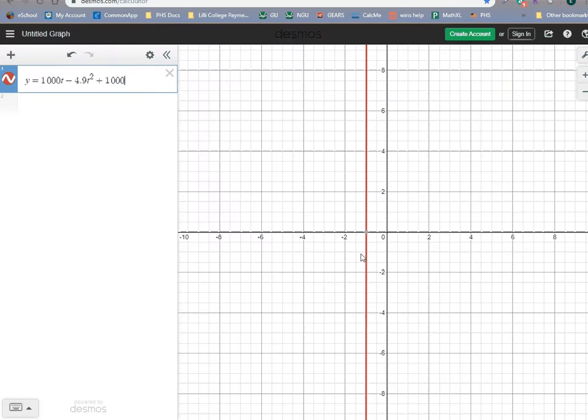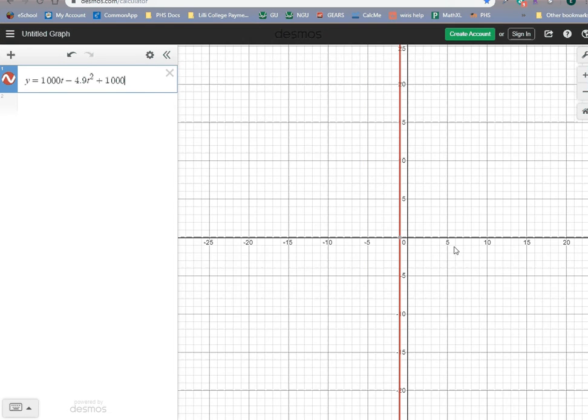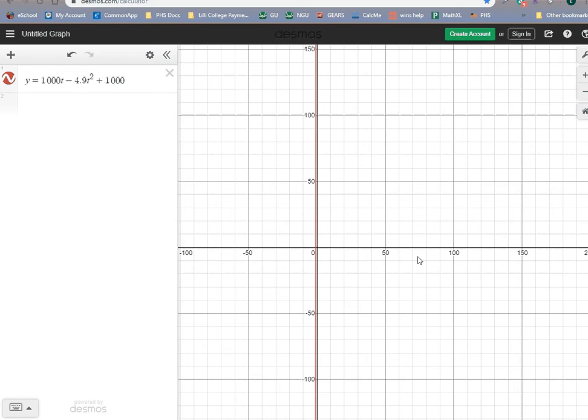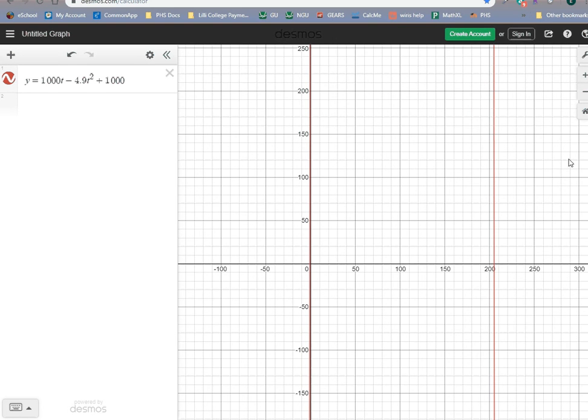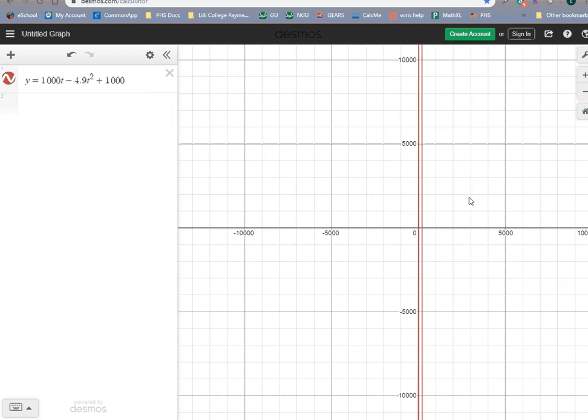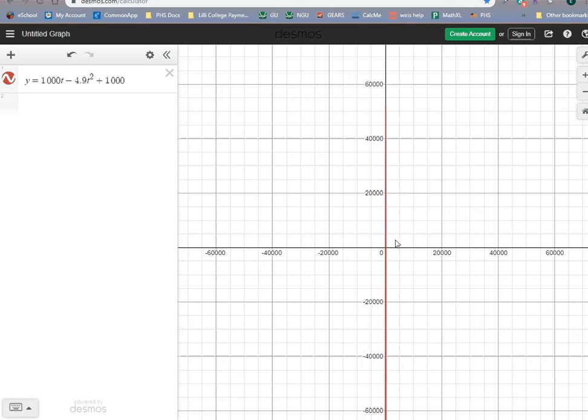And if we look for our zeros, we've got to zoom out a little bit. There are my zeros. So in order to get a good picture for our notes, what is the peak of this thing? How high does this go? Pretty high. What did we say it was, like 50,000 or something?